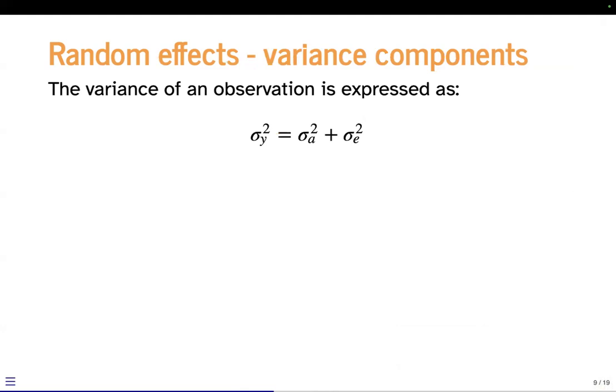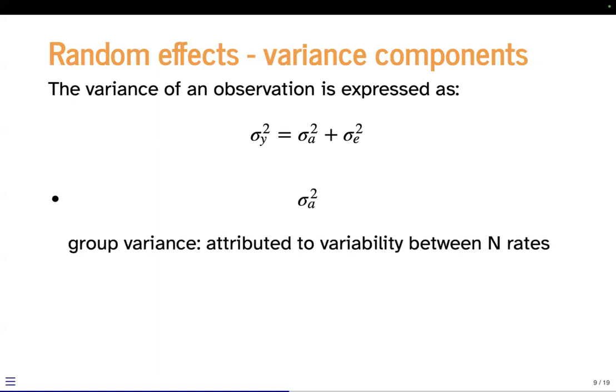This plays a role in the variance of a given observation. In a random effect model, the variance of a given observation comes from the addition of the sigma square of that random effect plus the sigma square of the residual, or the error itself.